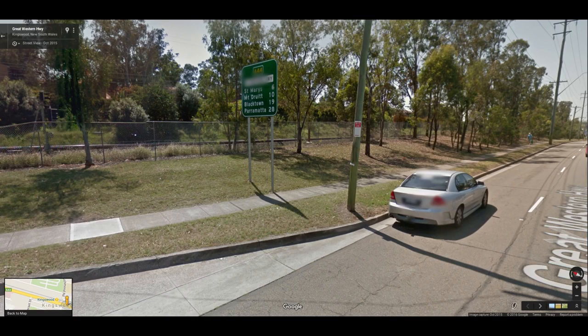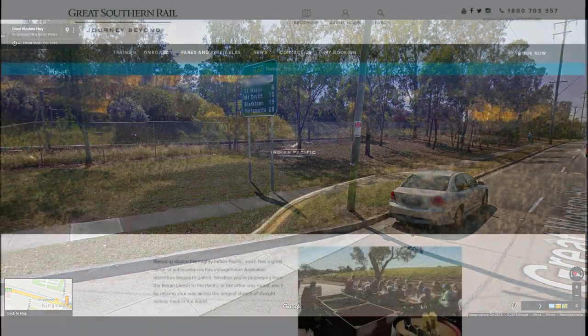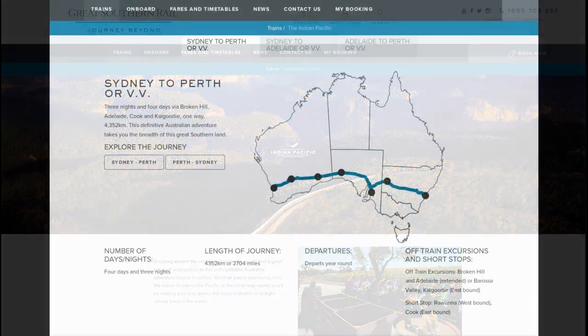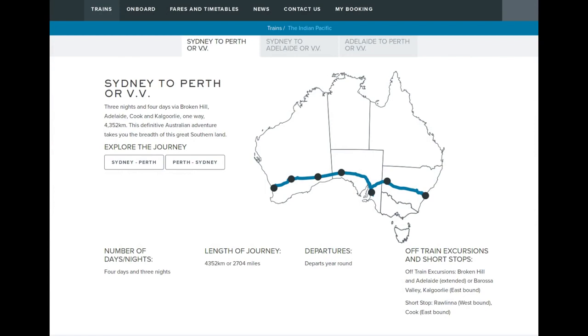I don't know why I never thought of this before, but I would like to introduce to you what could be the key to unlocking Australia. And that is the Indian Pacific Railroad. Now, the great thing about this railroad is that it's the southernmost railroad in the world.